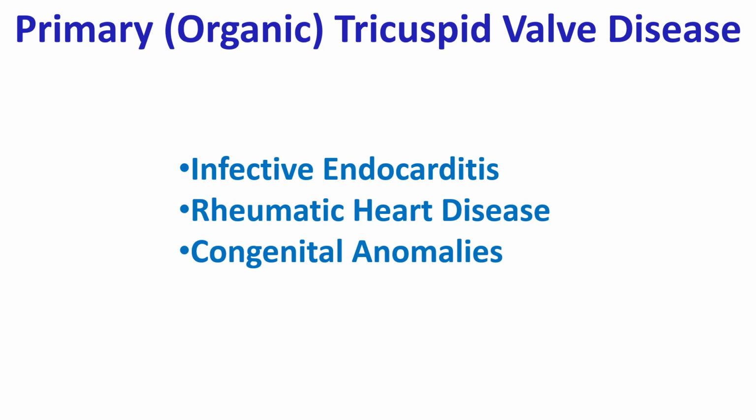Congenital anomalies. The most notable is Ebstein's anomaly, characterized by the apical displacement of the septal and posterior leaflets into the right ventricle, effectively atrializing a portion of the right ventricle. Other rare congenital etiologies include tricuspid atresia and congenital cleft leaflets.